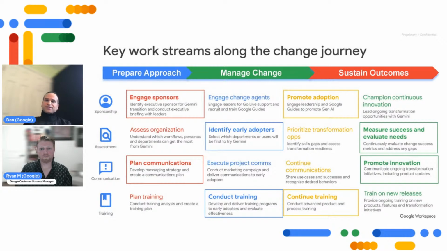Early adopters is a key group. This is your group of enthusiasts, those who like playing with the tech. They're curious, and they're open to learning and sharing. Oftentimes this group will naturally transition into being part of your Google Guides or Google Champions group. Those folks help keep the change going after the initiative is completed.